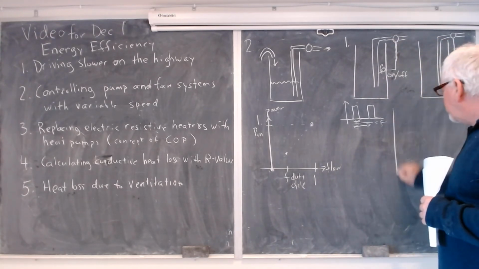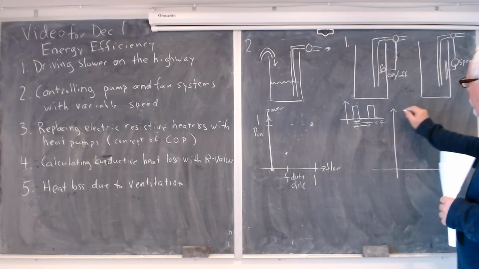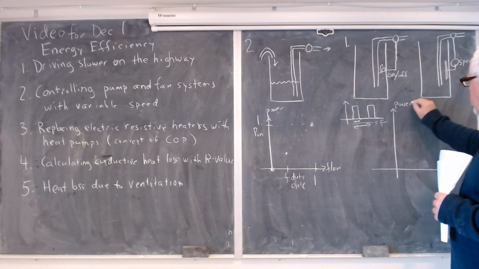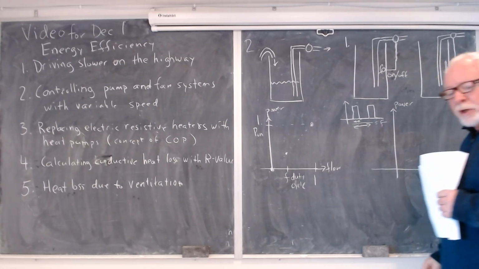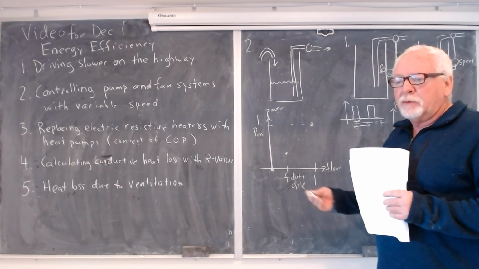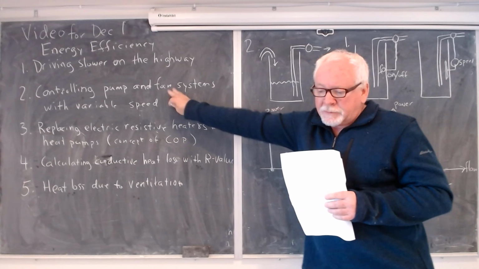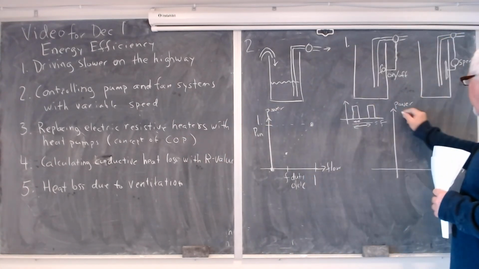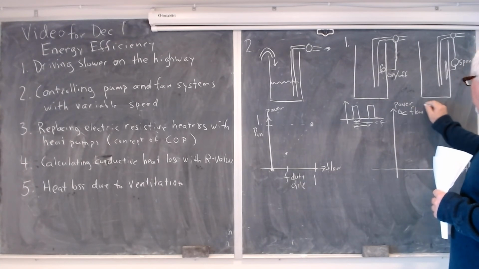Now situation 2 is different, because what you know now is that if I vary the speed of the pump, because the flow in any fluid, whether it's water or air, and that's why I say pump or fan systems, you know that the power is proportional to the flow cubed, right?